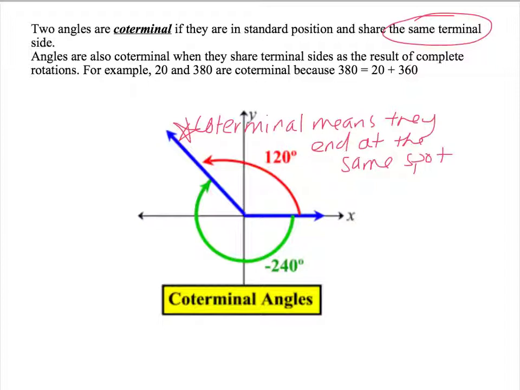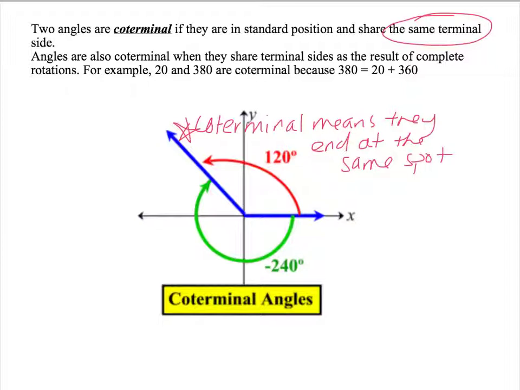Why is that significant? It's the whole circle. If you went part way in the positive direction and then part way in the negative direction, and they meet at the same spot, you've covered the whole circle. So that 360 is significant.